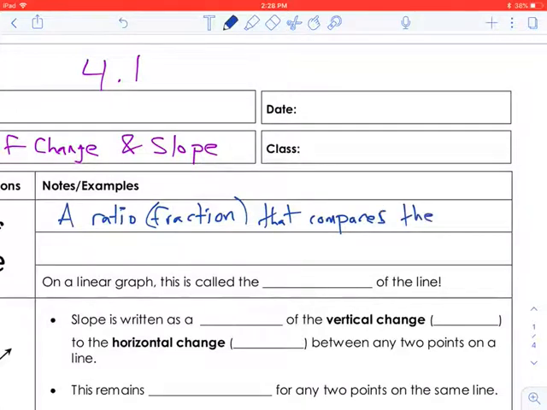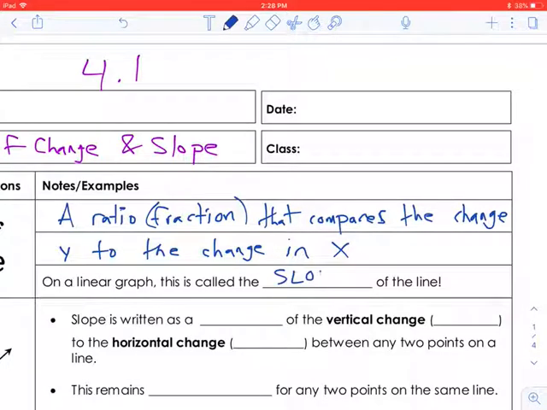the change in y to the change in x. Okay? And on a linear graph, that is called the slope. Okay?